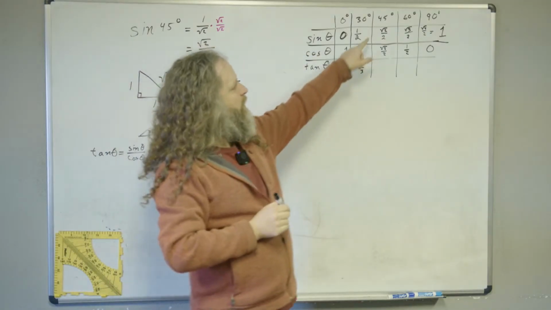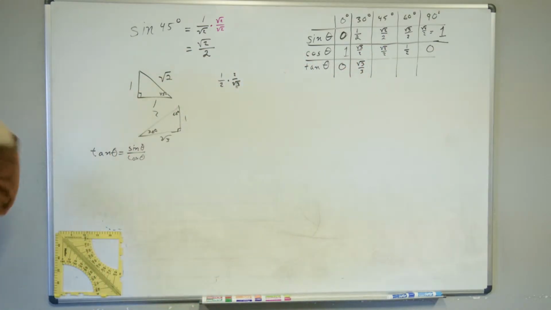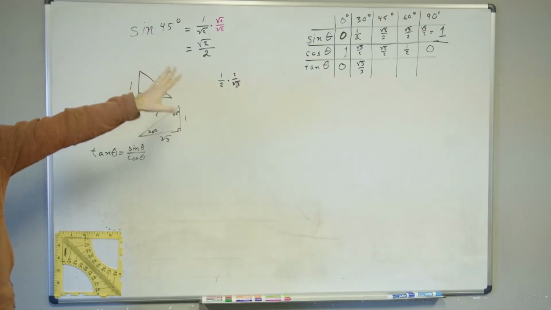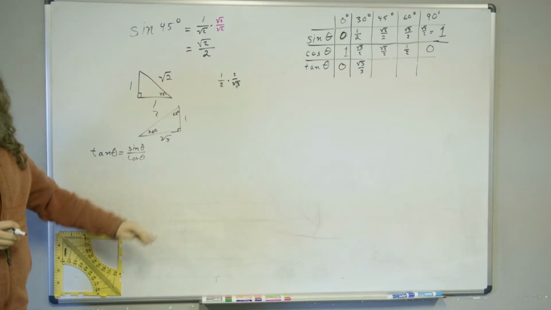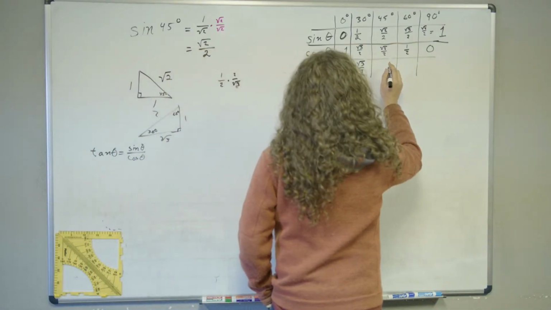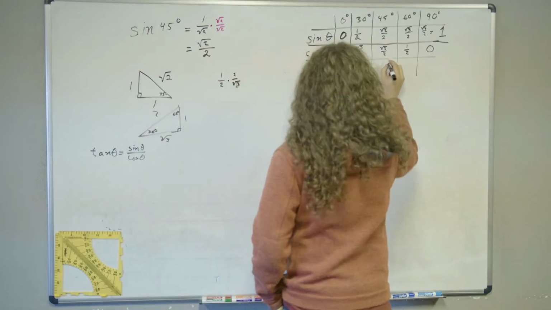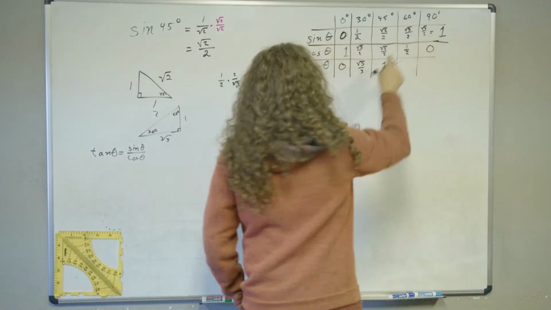What's square root of 2 over 2 divided by square root of 2 over 2? I should emphasize that those are the same, right? So any number divided by itself is always equal to what? No, not 0. 1. This one we got square root of 3 over 2 over 1/2.